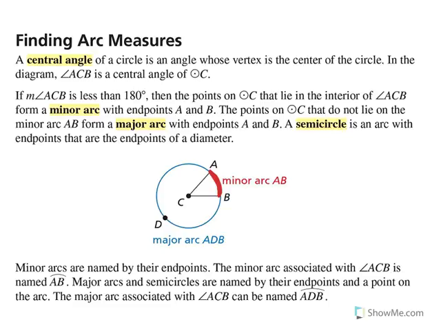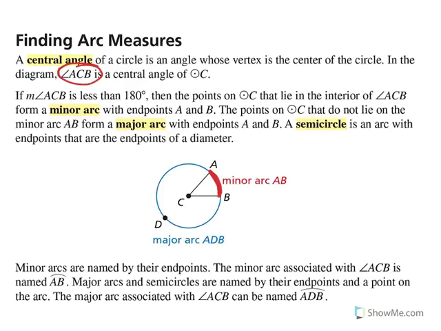And the key part of this first is a central angle. A central angle is when the vertex of that angle is the center of the circle. As it says up here, ACB is a central angle of the circle C. Then we have different classifications, just like with angles, where we can classify something as a right angle, an obtuse angle, a straight angle, all that different stuff.